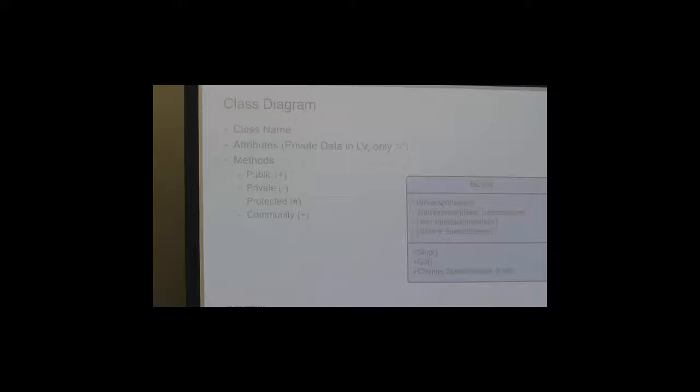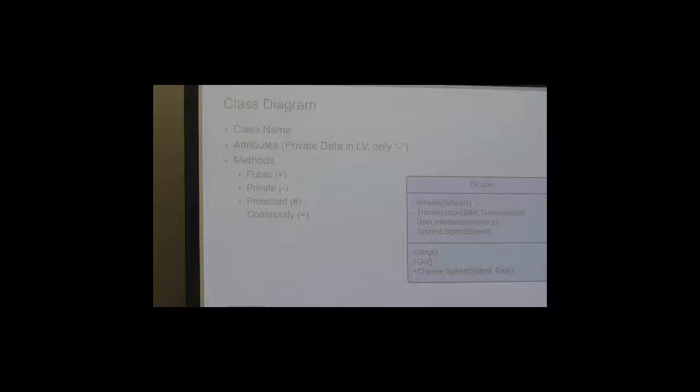So the class diagram, this is a bicycle. Here you can see that it has wheels, which are of type wheels, and transmission, which is type bike transmission. It's divided into three sections. The top section is the class name. The middle section is its data. In LabVIEW, for better or worse, the data is all private, so there's a minus by each of those.